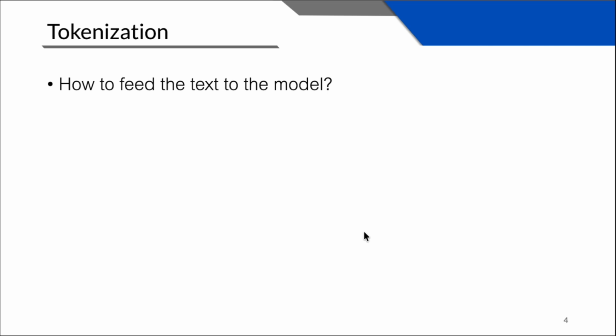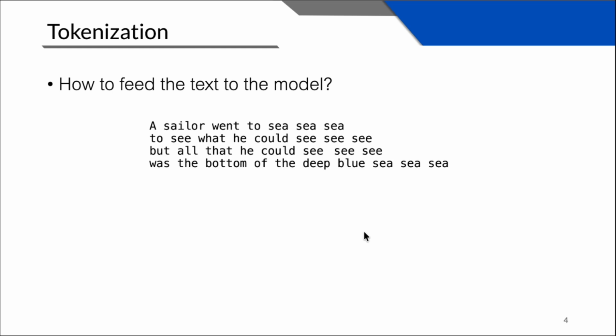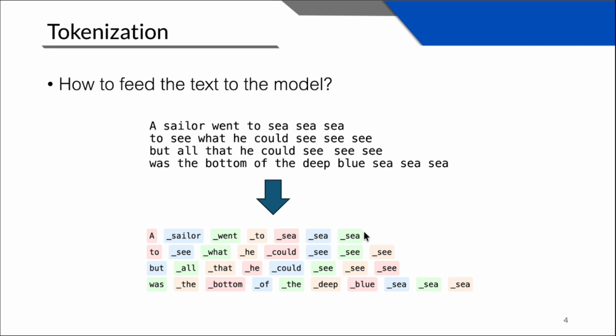So I want to visualize how the text is fed into the model. Let's say that we have this paragraph and we want to tokenize it. We apply a tokenization algorithm in which each term is separated and handled as an independent token. I want you to focus on the spaces, which are represented by underscores here, just to understand that this term is the full term.